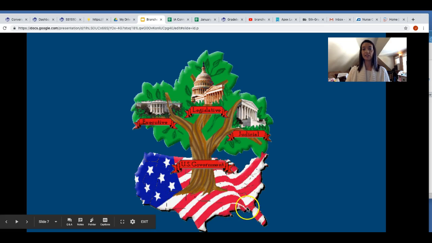Can you see some of the states here? And then, of course, the colors and the details of the American flag. Okay, so this is representing our government. And then the 3 branches, right, with the tree: executive, legislative, and judicial. Okay?